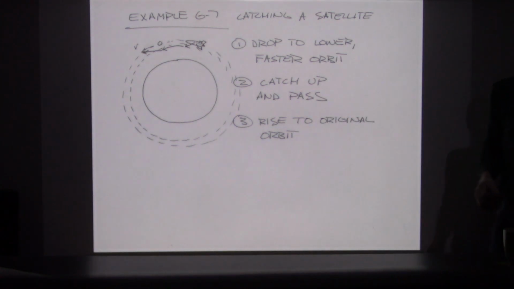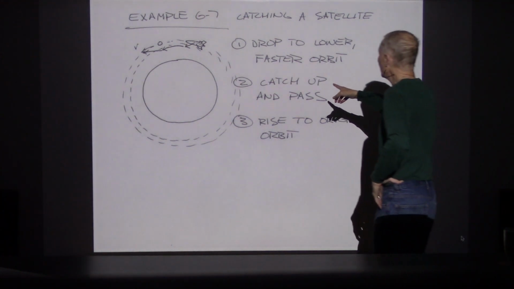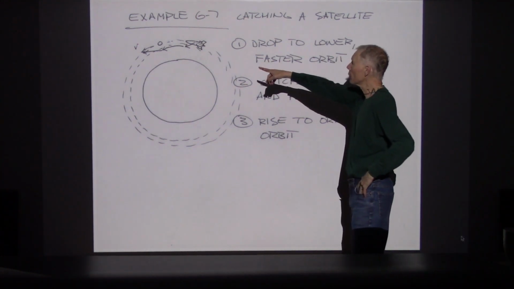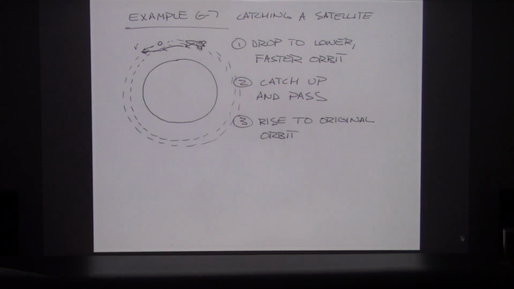You can pass the satellite from below, and once your speed is higher and your distance shorter, you're kind of getting the inside track here. That higher speed and shorter distance eventually will allow you to catch up and pass the satellite from below, and then you can rise back up to your original circular orbit.